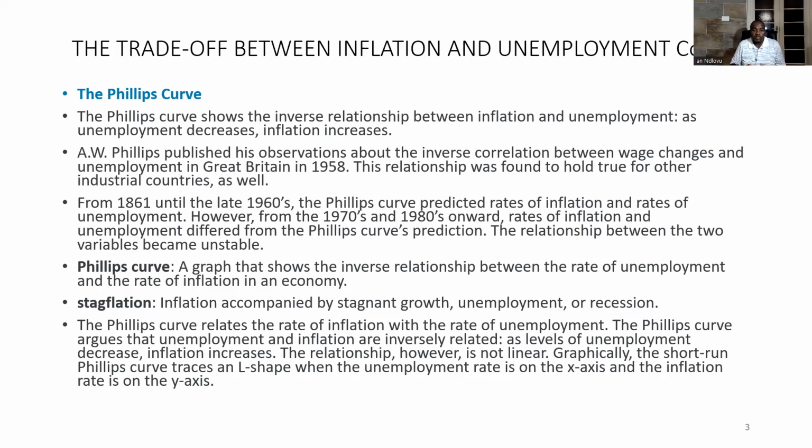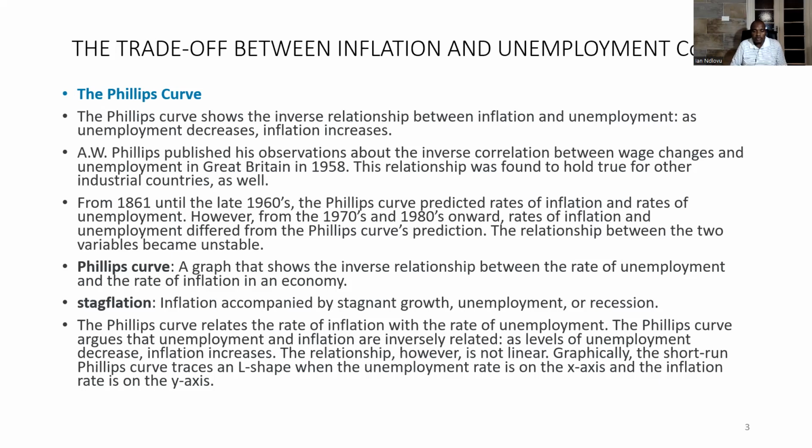But for short-run data, the data of 1958 and a few years prior to that, the short-run Phillips curve, or the trade-off between the rate of change in money wages and the unemployment rate, was confirmed.